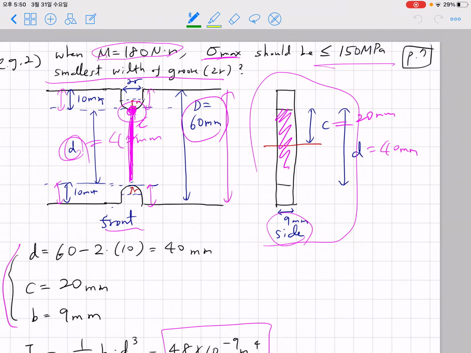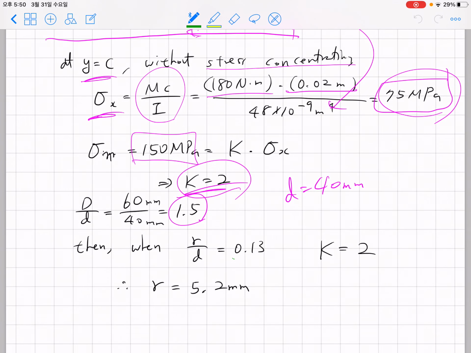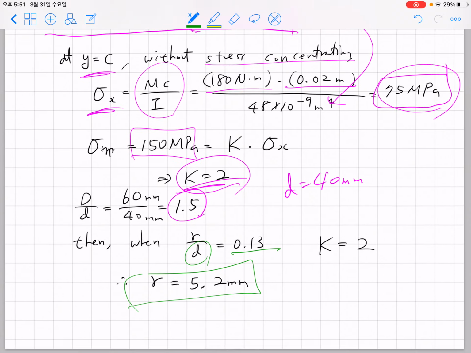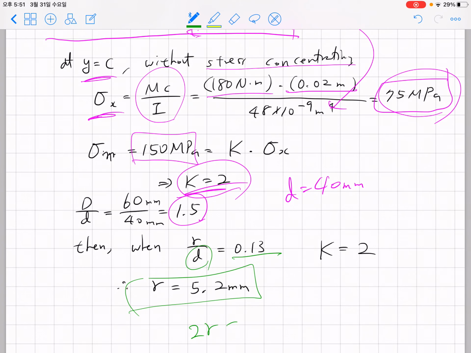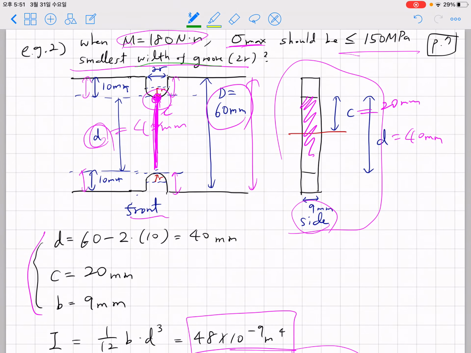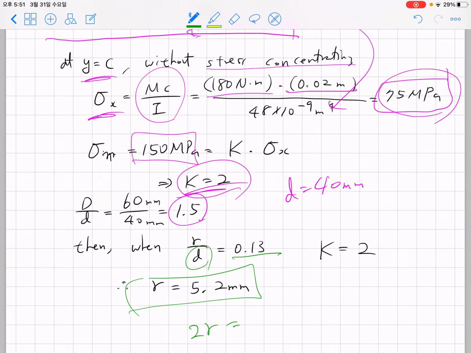When you consider the 0.13 ratio and plug in d equals 40 millimeter, then r must be 5.2 millimeter. And if you multiply by 2 to obtain the width of the groove, it will be 10.4 millimeter. That will be the answer for the problem regarding stress concentration.